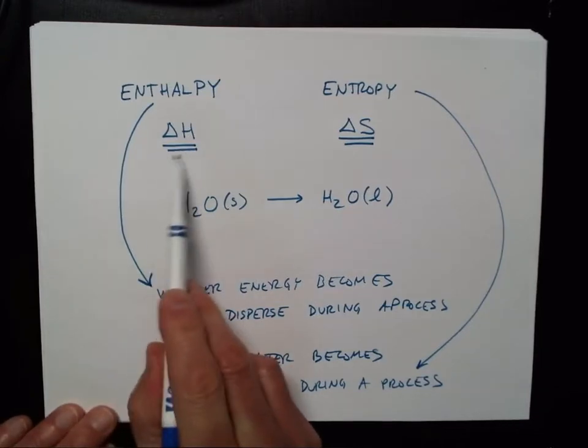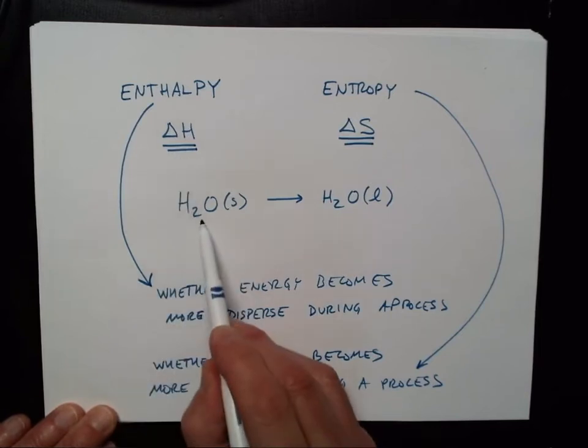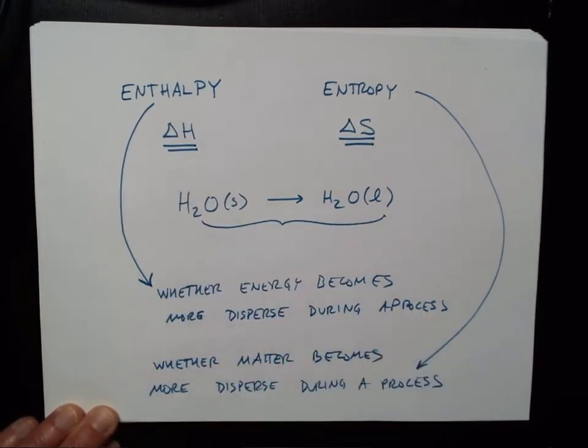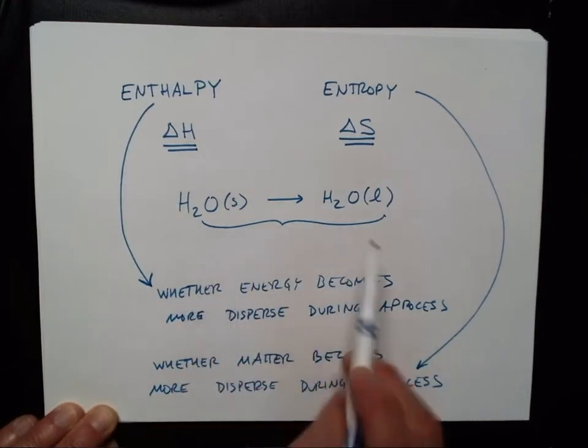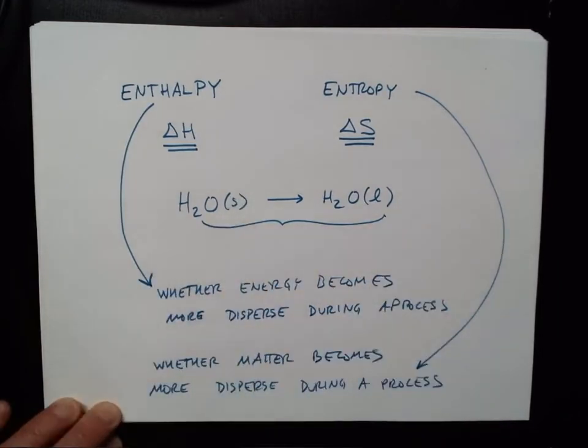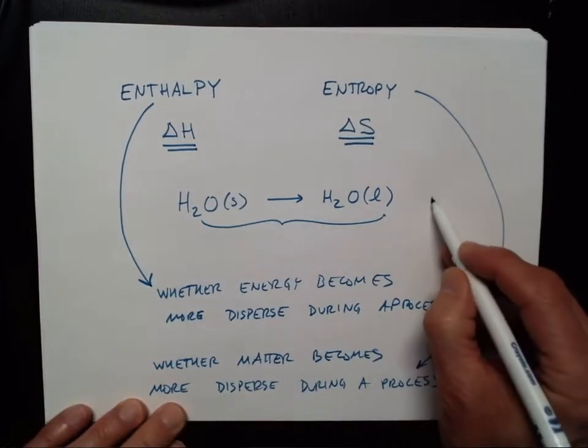Now, the enthalpy you've already been introduced to, and you should know for this particular process what the enthalpy change is. Is the enthalpy change positive or negative for this process in the forward direction? Solid water going to liquid water. Well, let me think about that. Solid water, I'm just going to draw an enthalpy diagram over here on the side.